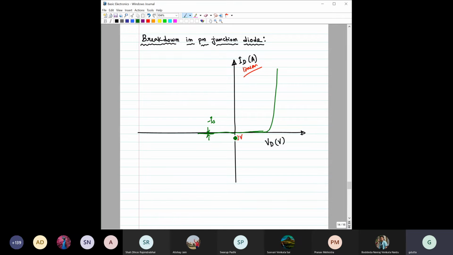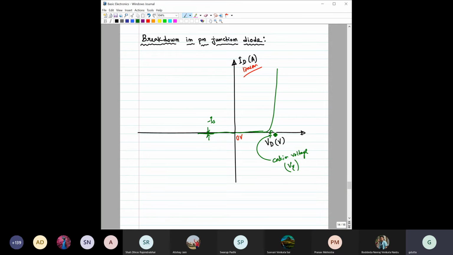But the thing is that, as you can see, in the forward bias, once you cross this cut-in voltage, represented by this symbol V gamma, the current will increase drastically, almost perpendicular. You really cannot increase this diode voltage Vd more than this, because after that, a change of only 60 millivolts will change the diode current by 10 times.